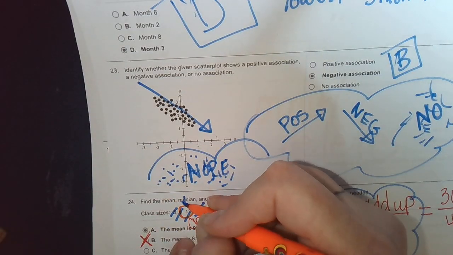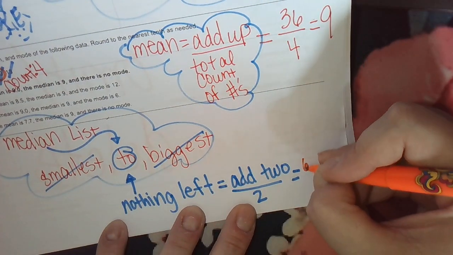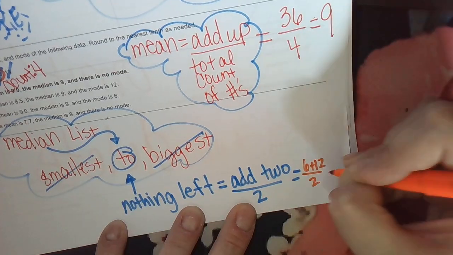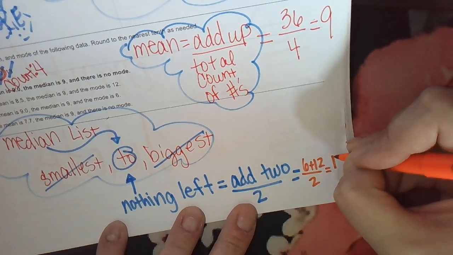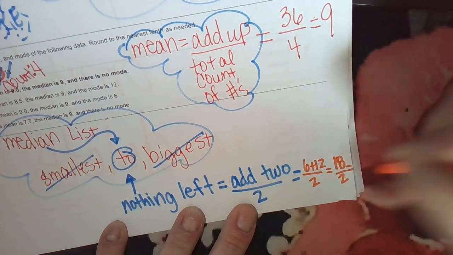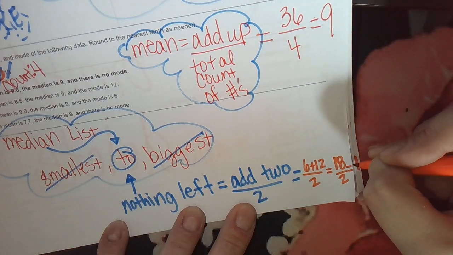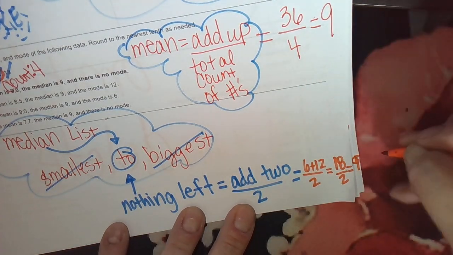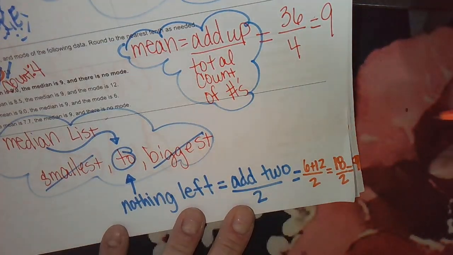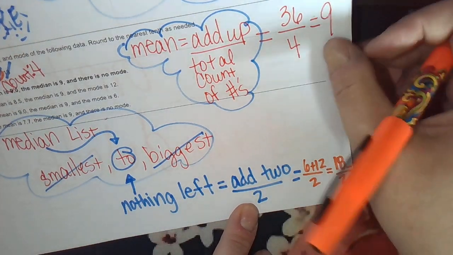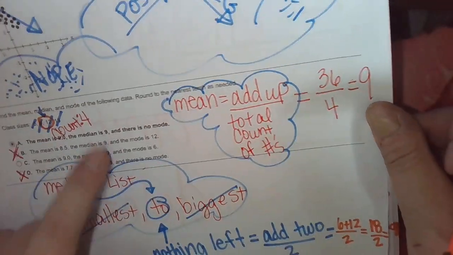So those are the numbers I'm going to add and then divide by 2. And I think that gives you 18 over 2 or 9. Oops. 9. Okay, so our median should be 9. Darn, they both say it.